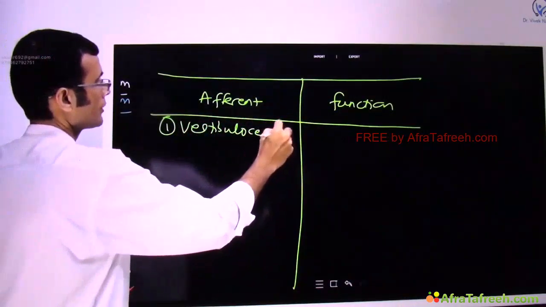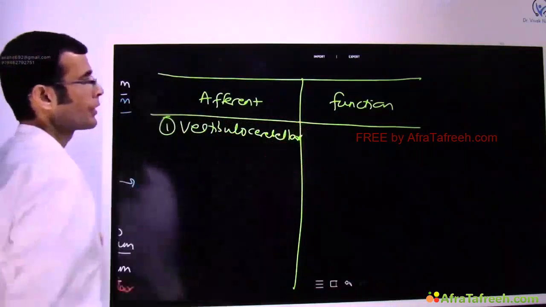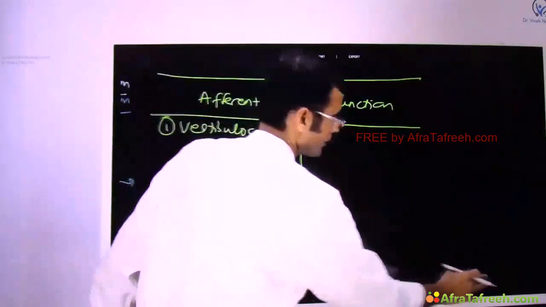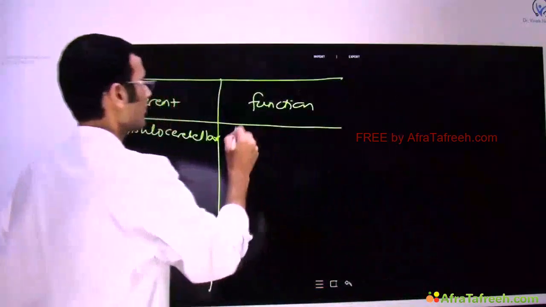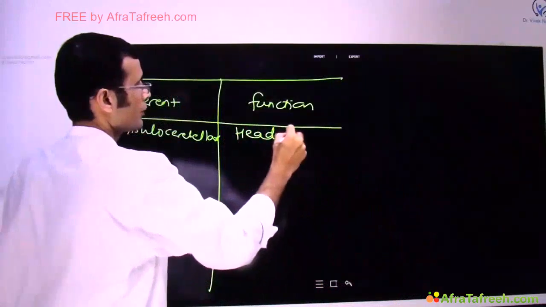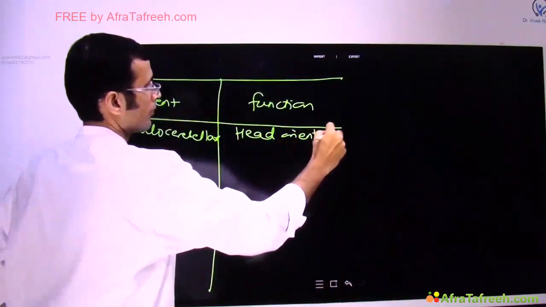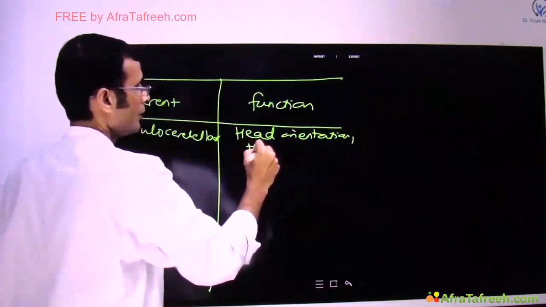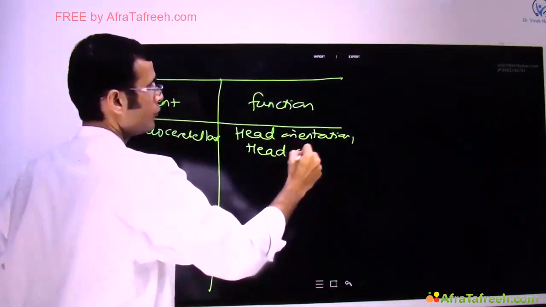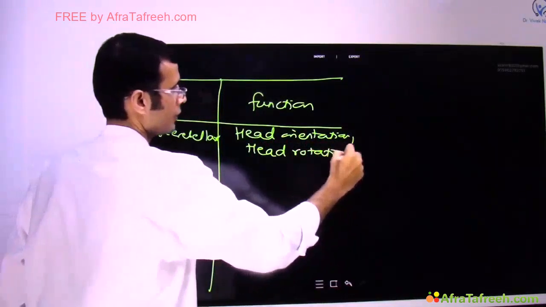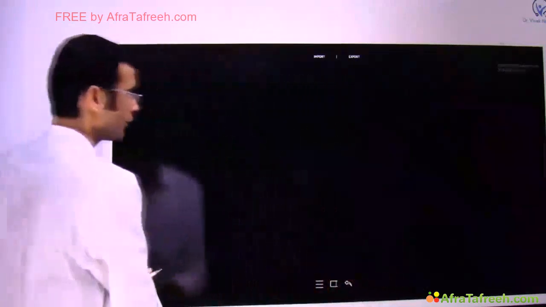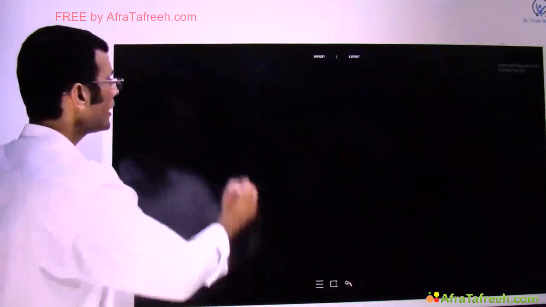Vestibulocerebellar tract. What does it carry into the cerebellum? Head orientation and head movement, head rotation, linear movement, angular rotation. You see, it's like this.